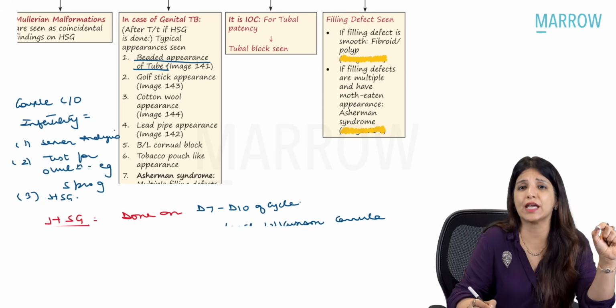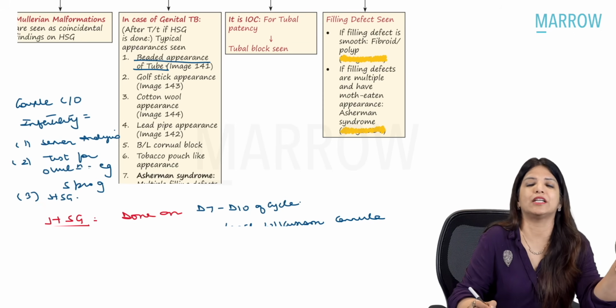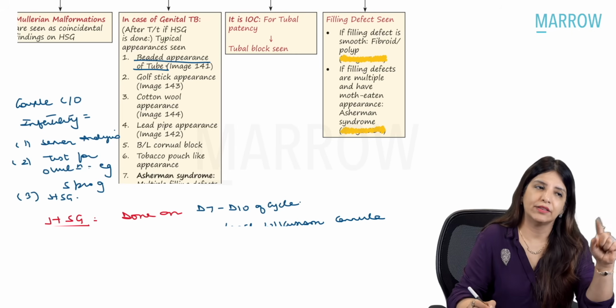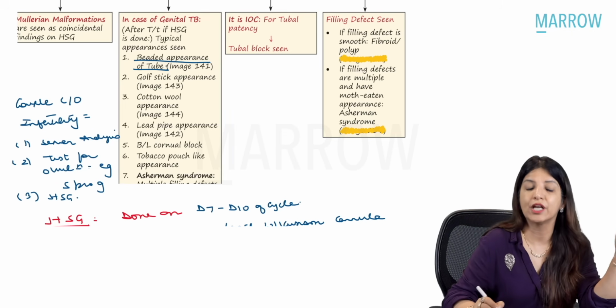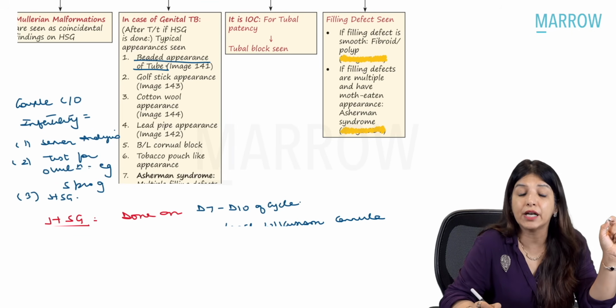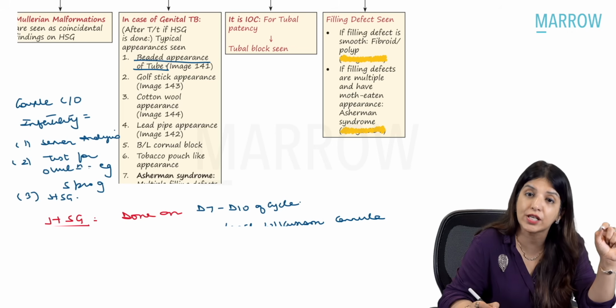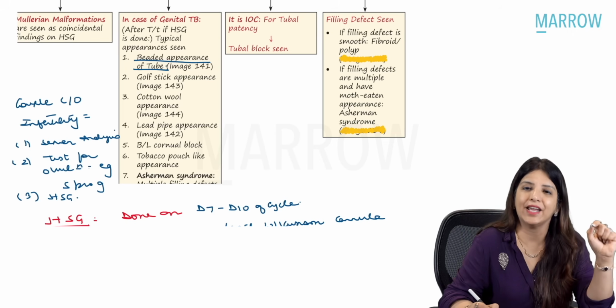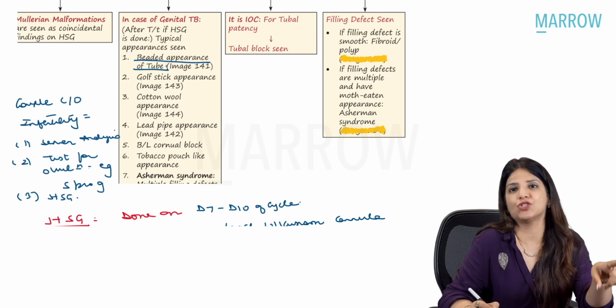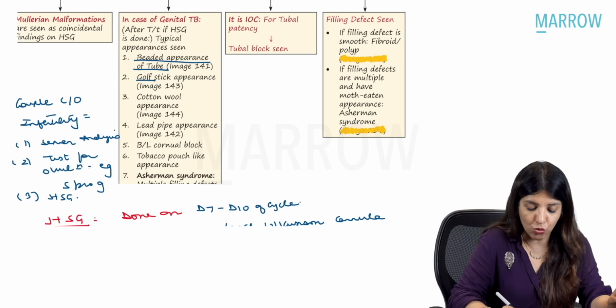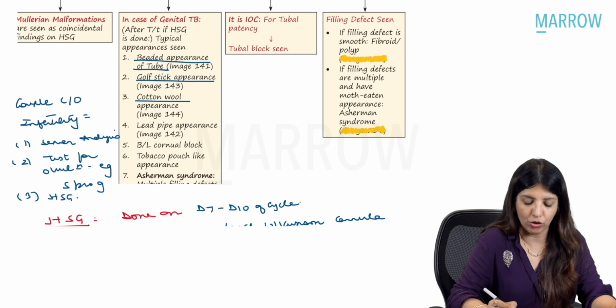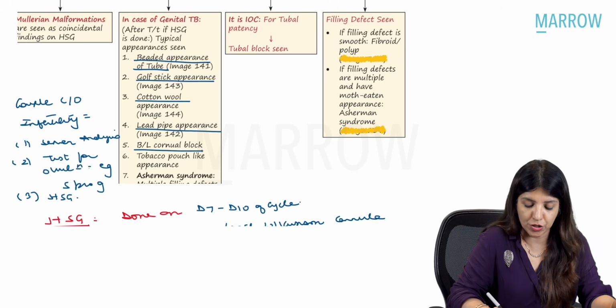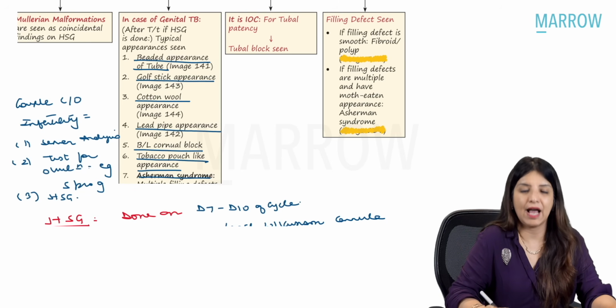If your question says necklace pattern is seen on ultrasound in the ovary, then the diagnosis is PCOS. If your question says beaded appearance is seen on HSG in the tubes, then the answer is genital TB. Then you can get gallstick appearance, cotton wool appearance, lead pipe appearance, bilateral cornual block, tobacco pouch-like appearance, and Asherman syndrome.